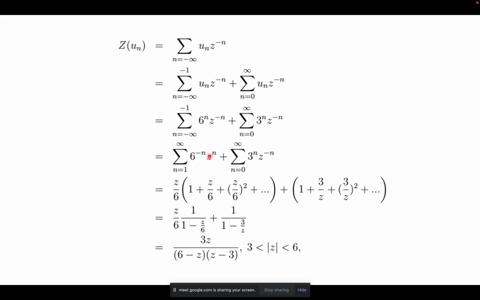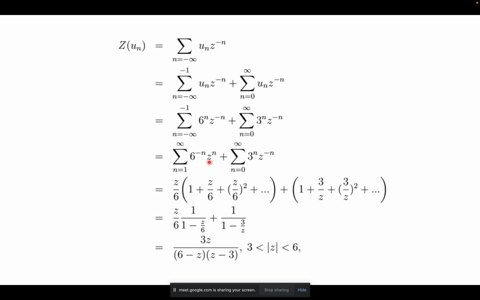Now the limit is from minus infinity to minus 1, but if I replace n with minus n, then the limit will be from n equal to 1 to infinity. So I will get 6 power minus n times Z power n, from n equal to 1 to infinity. Similarly, on the right hand side, I have the summation from n equal to 0 to infinity of 3 power n times Z power minus n.